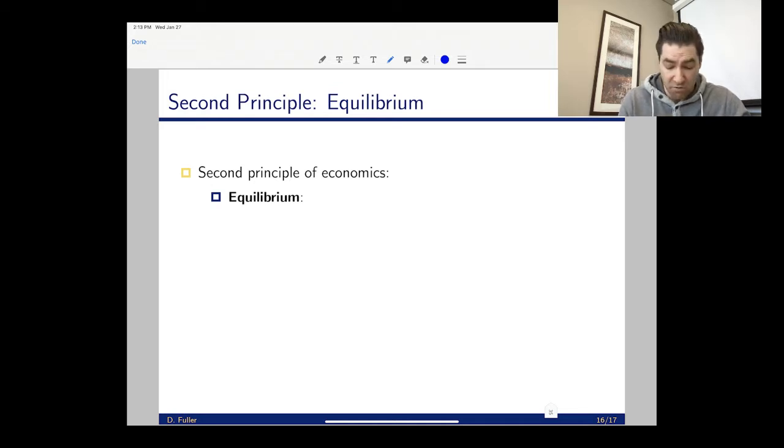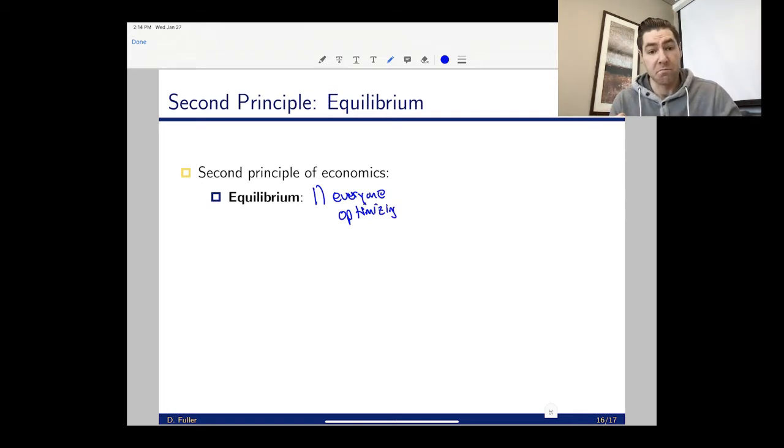One is what we just discussed: in an equilibrium, everyone in this situation is optimizing, meaning everybody's making their best decision. That needs to be true to have an equilibrium. And two, no one has any incentive to change.